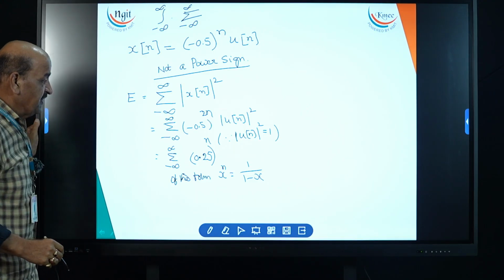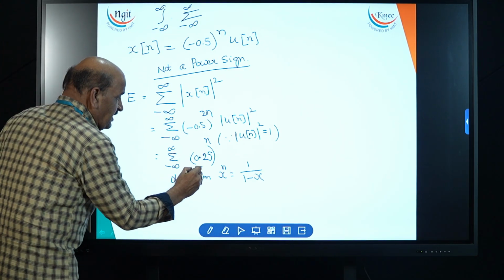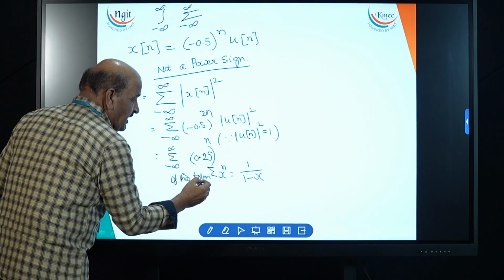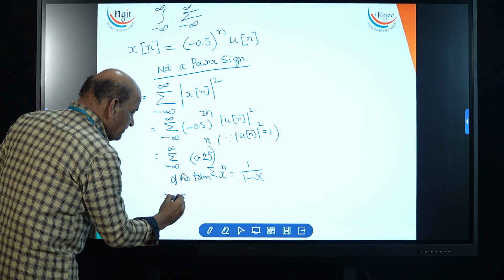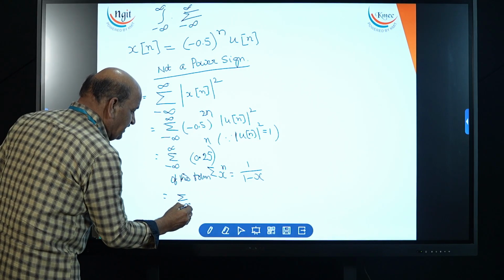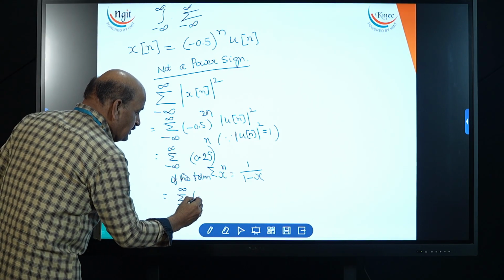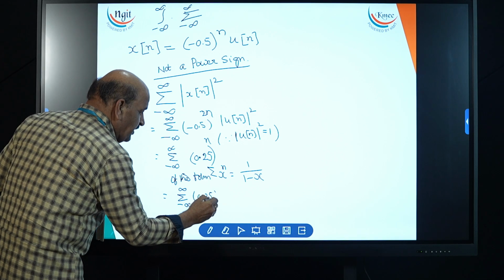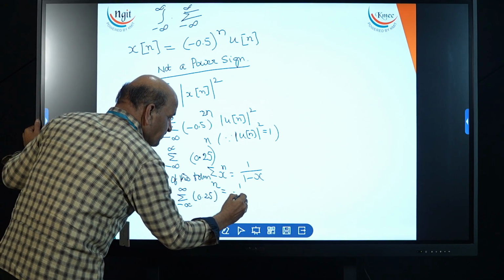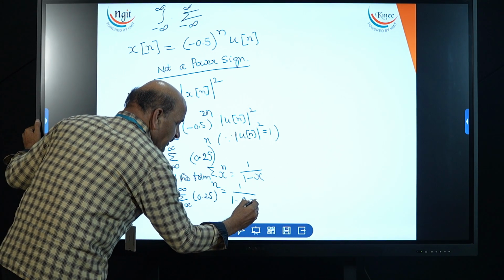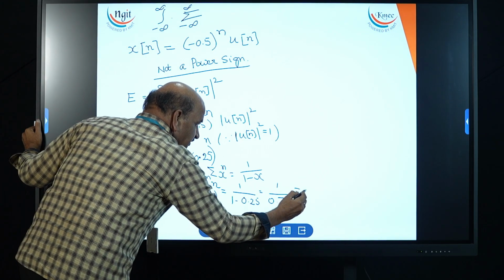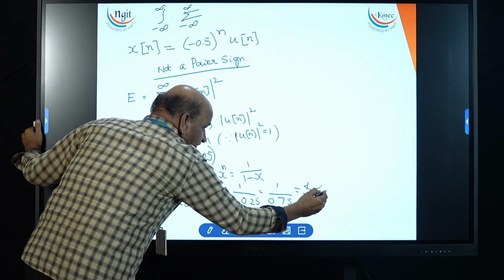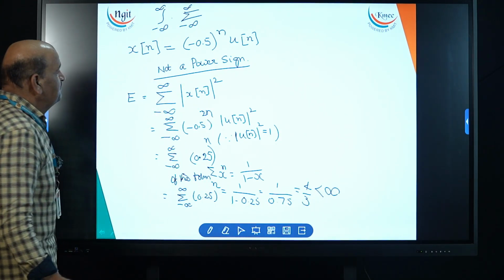So the value will become 1 by 1 minus 0.25, which is 1 by 0.75. This value equals 4 by 3, which is less than infinity.